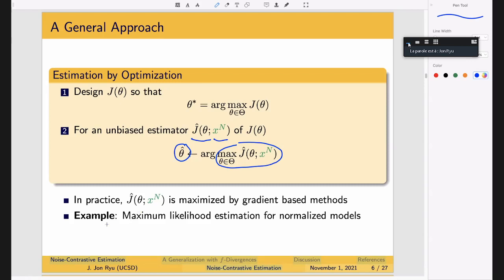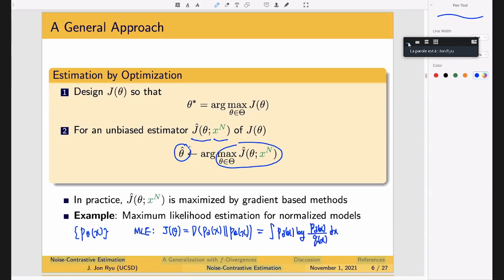Suppose that we are given a class of distribution P theta x, and the MLE approach takes J theta to be the integral of PD x log of P theta x over PD x dx.